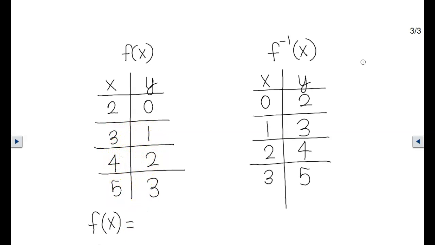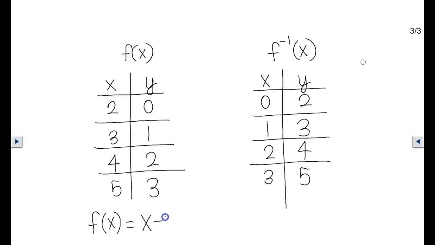So when you look at that, what does it appear this function does to the x value? How did it take 2 and produce this 0? How did it take 3 and produce this 1? How did it take 4 and produce this 2, and so on down the line? Well, it kind of appears to me that whatever this x is, to get the output, this function looks like it's subtracting 2.